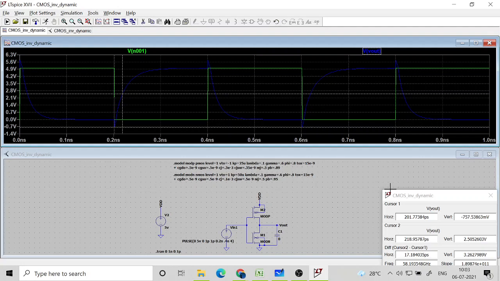Although the resistance is decreasing, the capacitance is increasing. So we are not able to make it faster.